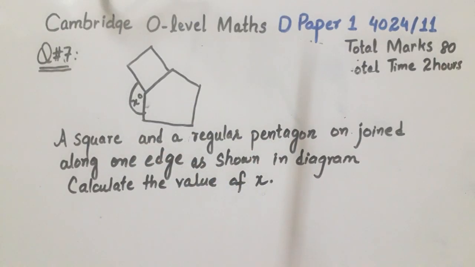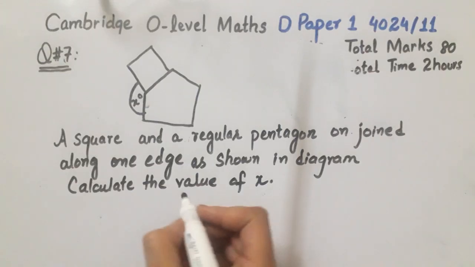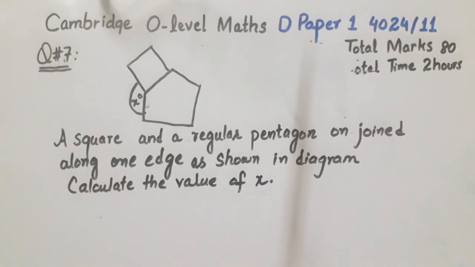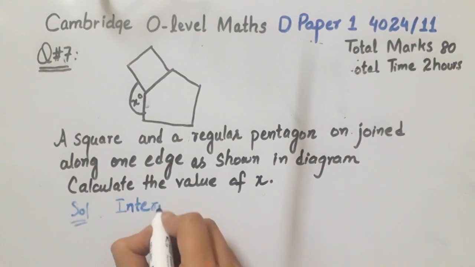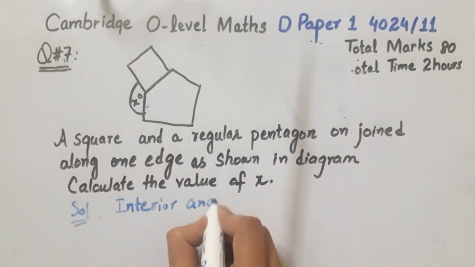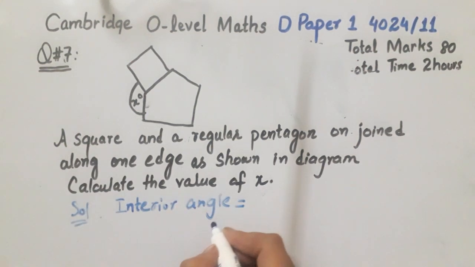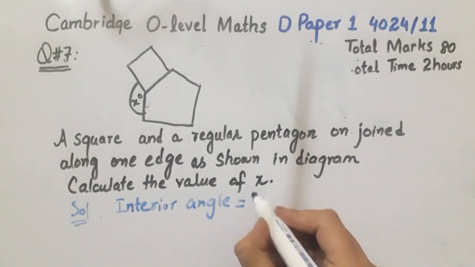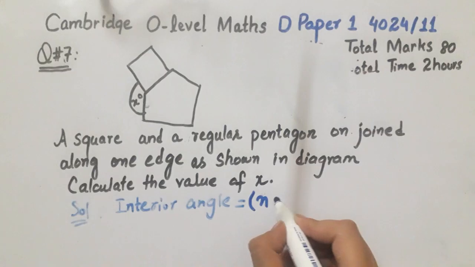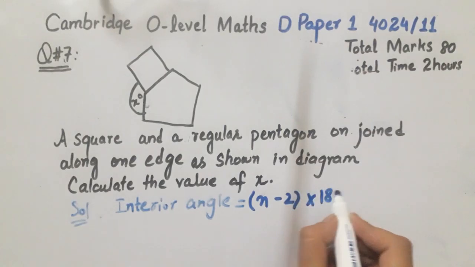So the formula for the interior angle will be interior angle is equal to (n minus 2) multiply 180 by n.